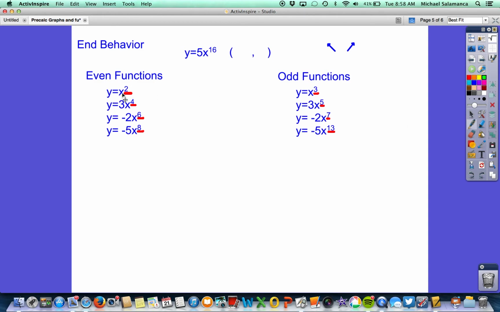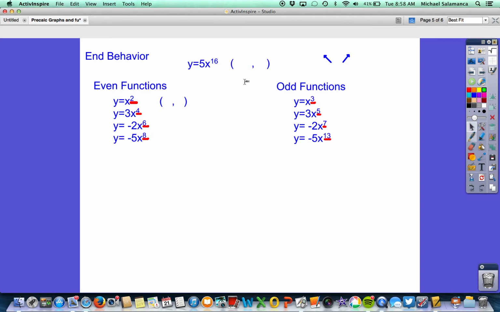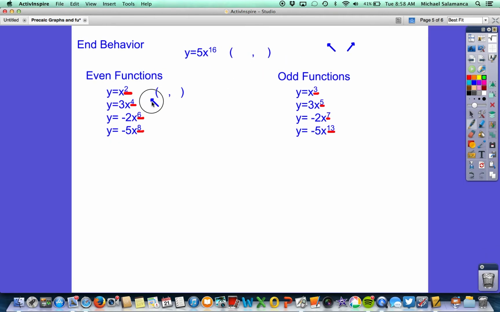So we know x squared. X squared is a parabola, which means its end behavior looks something like this. You have the left side ending up like that, and the right side ending up like this.